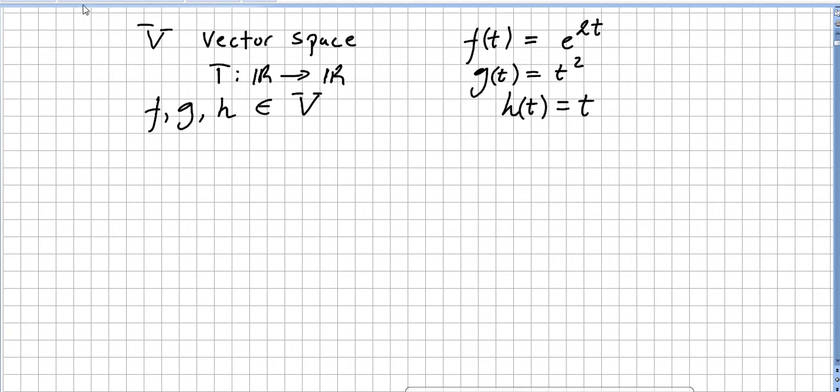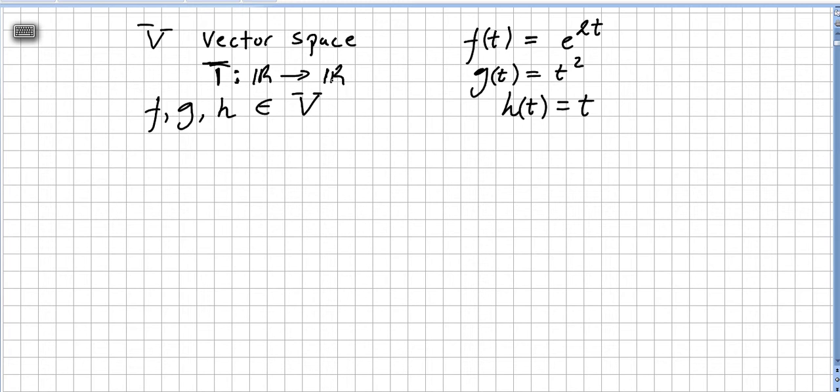This video is still in the chapter of linearly dependent and linearly independent vectors. Okay, let us say we have V, a vector space of functions f, g, and h, and these functions all go from the reals to the reals.